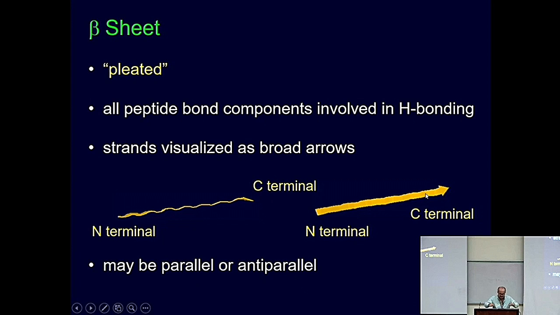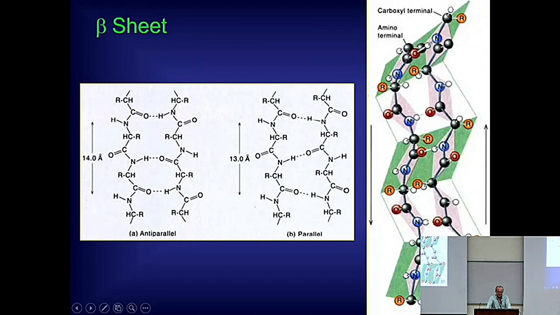So that's looking at the beta sheet from the top. That's what it should look like. Looking at it from the side, in profile, you'll see these pleats. There, there, there, there. And again, it's the same designation, N to C. So this is what they look like.